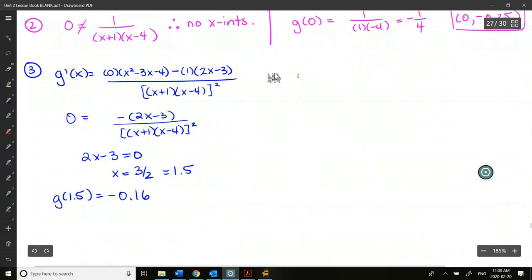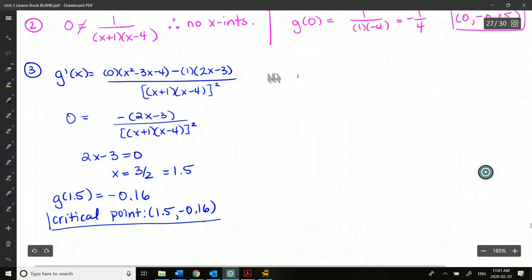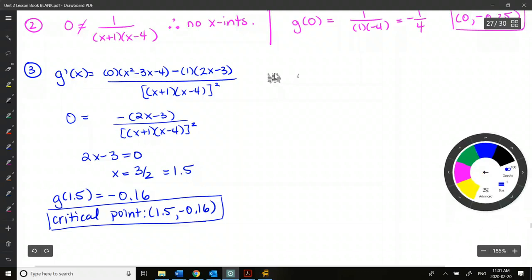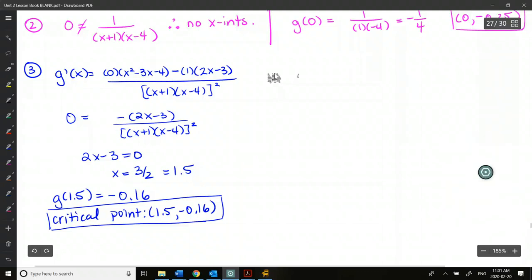Lovely. So we have a critical point. No, that's only for points of inflection. This is a critical point. Okay, so we found our critical point using the first derivative.